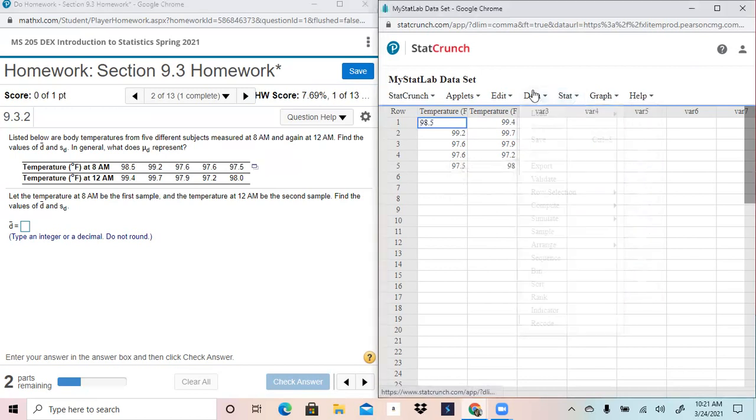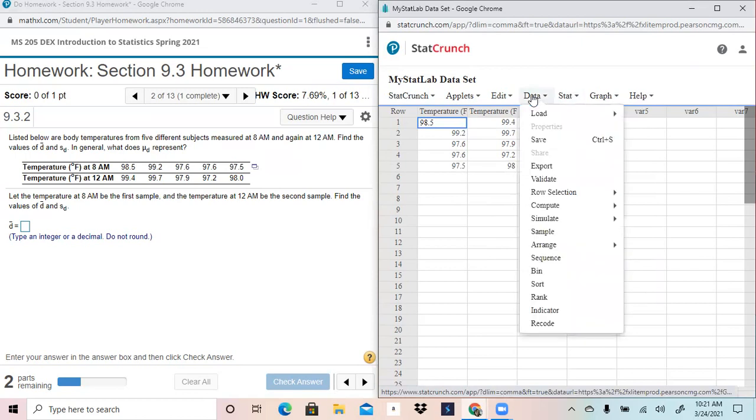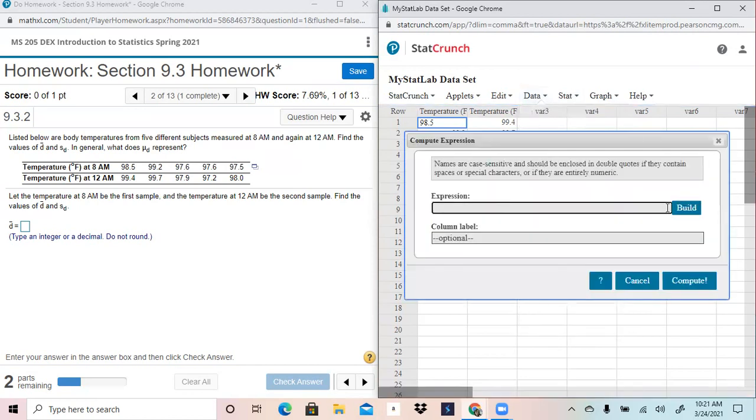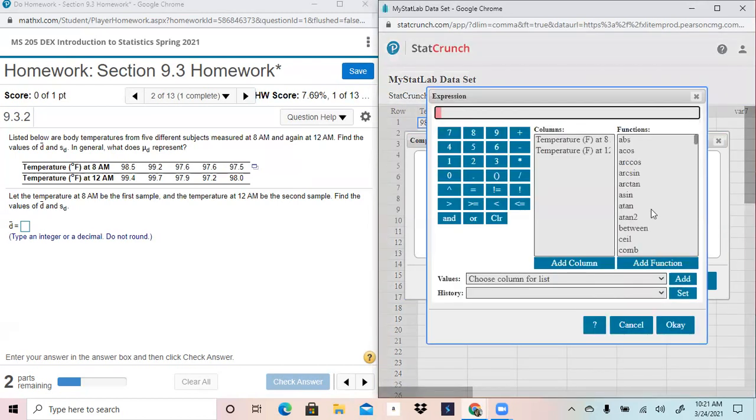So if you'll come up here to data, we want to go to compute an expression, build, and we want to do the elements in the first column minus the elements in the second column, right?